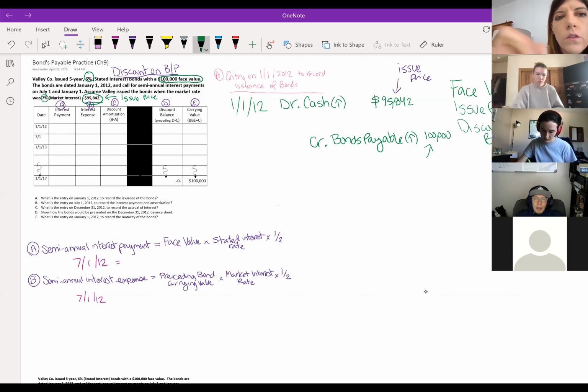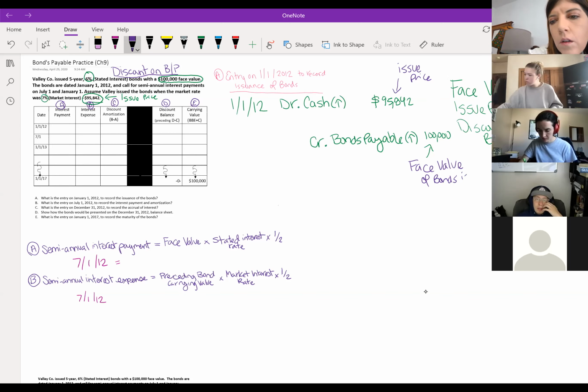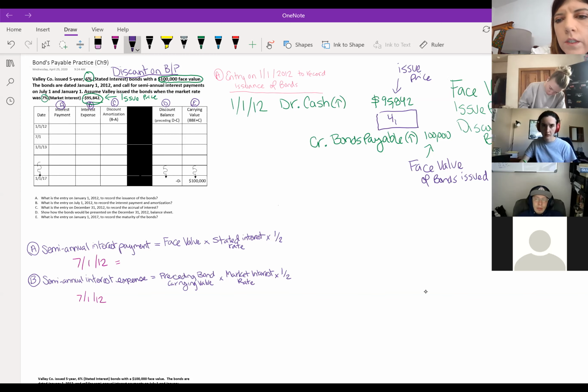So the amount that we record in bonds payable is always equal to the face value of the bonds issued. We need more debits to balance, right? And the difference between these is exactly equal to the discount on the bonds.